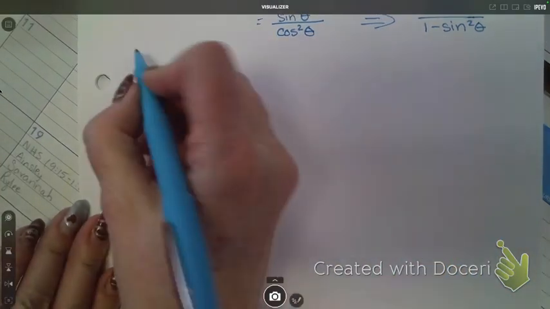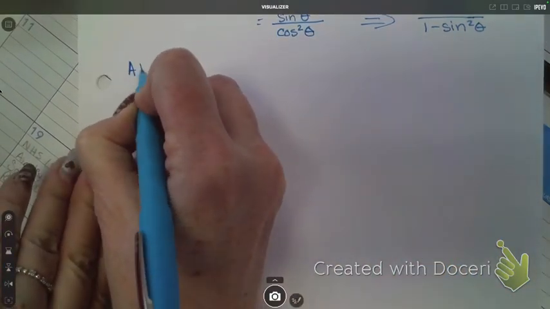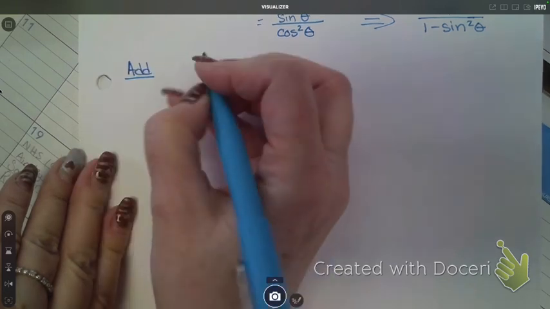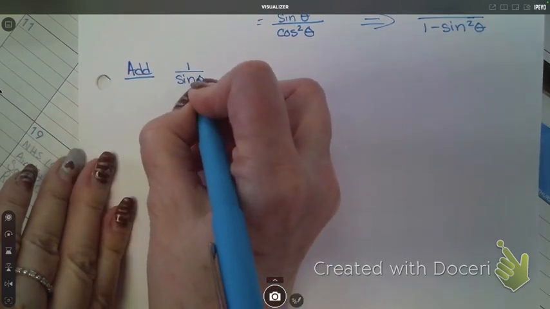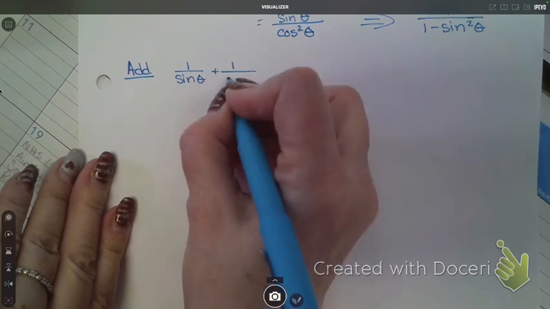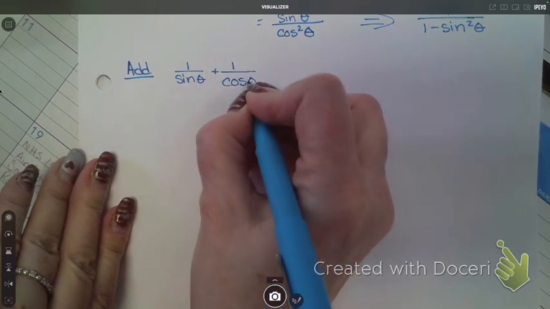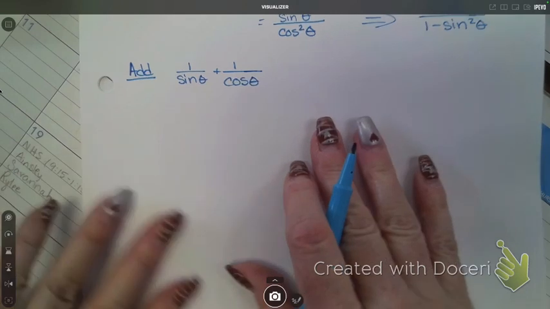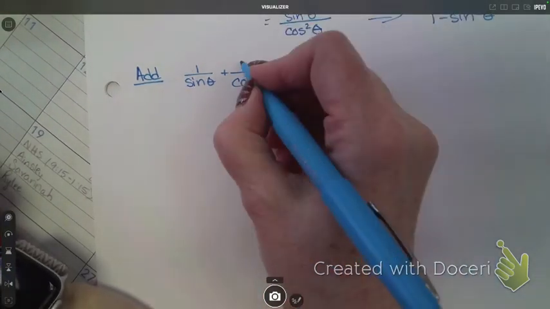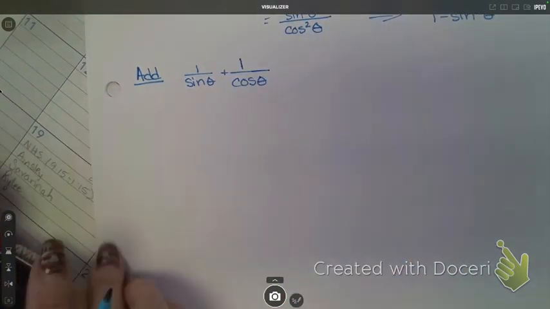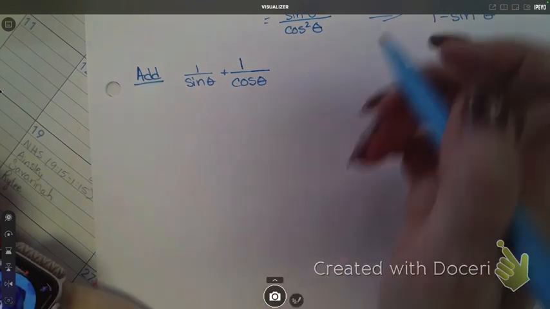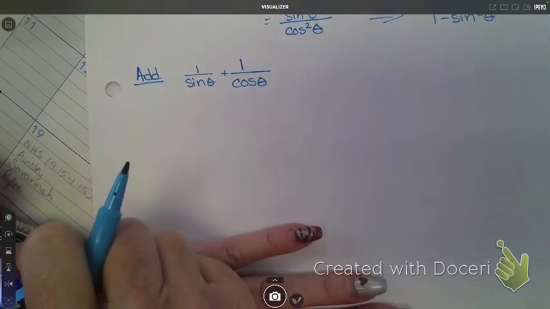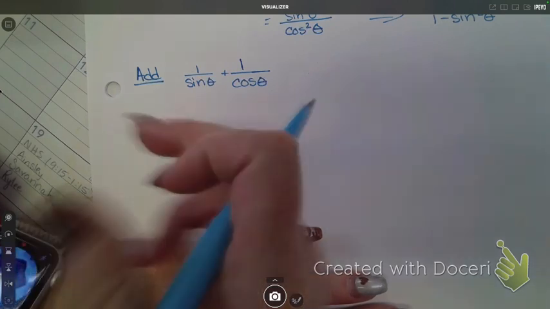Okay. Add 1 over sine theta plus 1 over cosine theta. So when you add fractions, you have to have what? Common denominators. So multiply by each other, right?